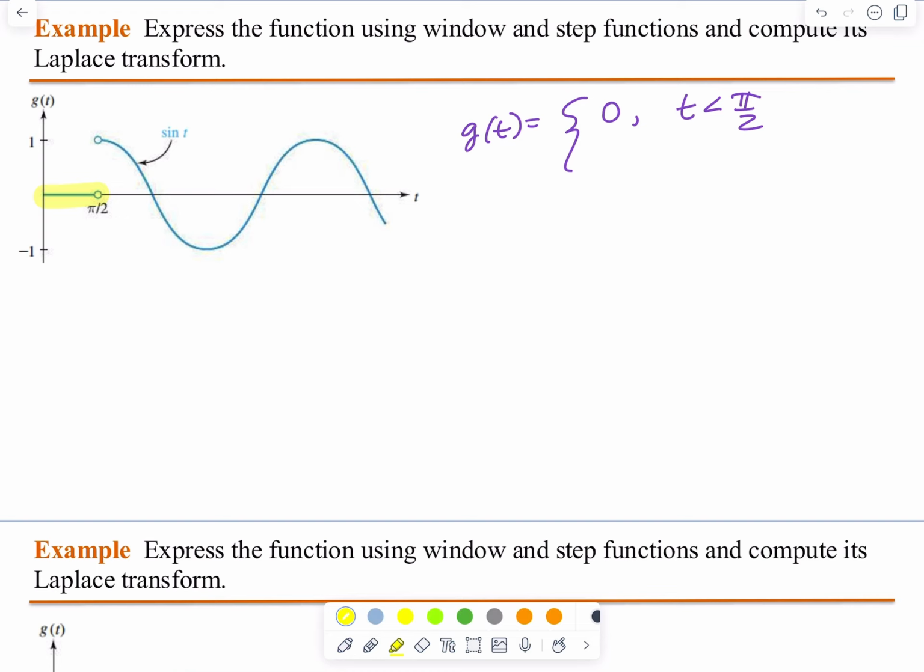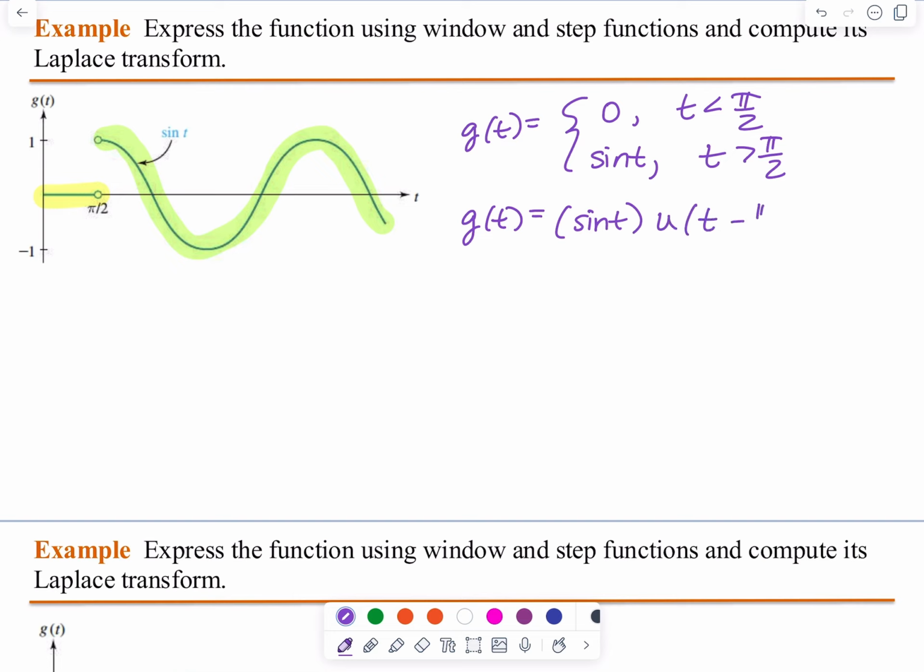And as you can see here, we have the sine function, and that's going to be the sine of t when t is greater than pi over 2. So, therefore, g of t is equal to the sine of t multiplied by u of t minus pi over 2. We will go ahead and take the Laplace transform of both sides.